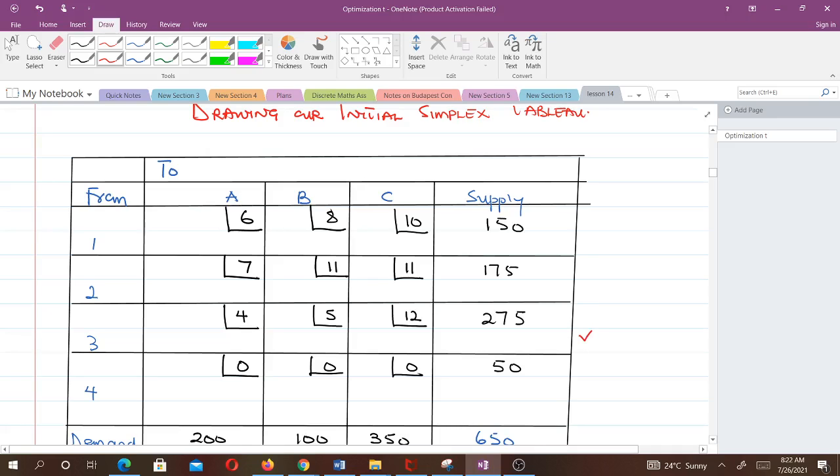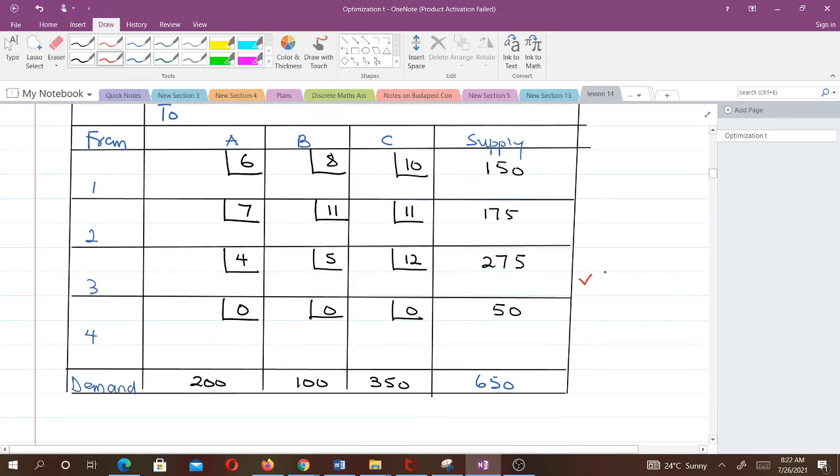But you can see that here the supply will be 600, but the demand is 650. So what we do is add an additional row, which we call the dummy row. The dummy row has a cost of 0, so all the cells will have a cost of 0, so that from the dummy row we can have an additional supply of 50.